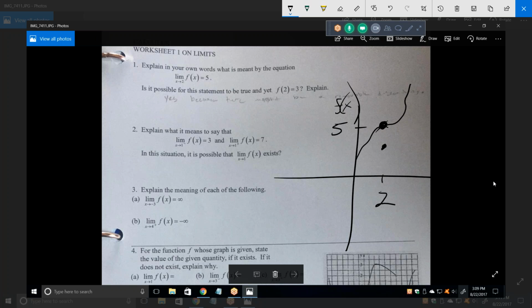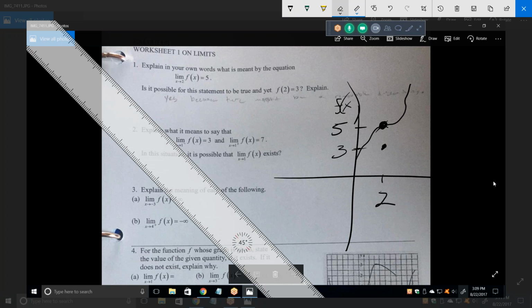Therefore, the limit is 5. And yet, f of 2 is equal to 3. Because technically it doesn't touch the point. Yeah, it's a piecewise function. So when you have a piecewise function, that is an open circle there.